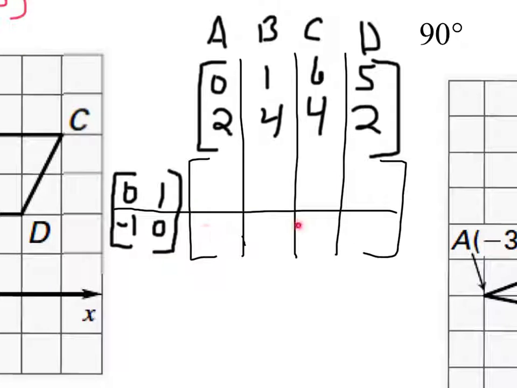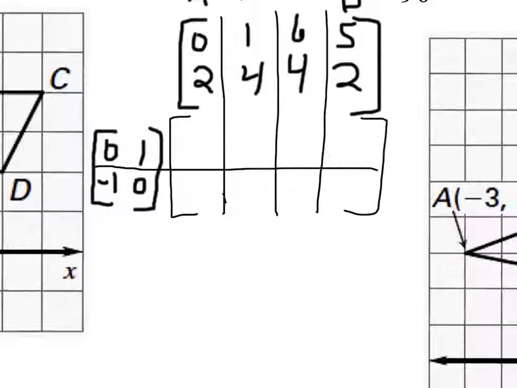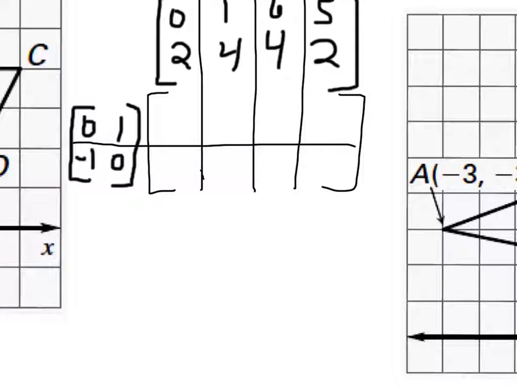It has 2 rows and 4 columns. And again, I'll get a nicer looking final matrix lined up here. I'm going to label it because it's going to come out in the same order except with our new coordinates, A prime, B prime, C prime, and D prime in that order.